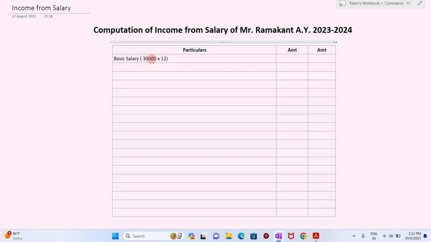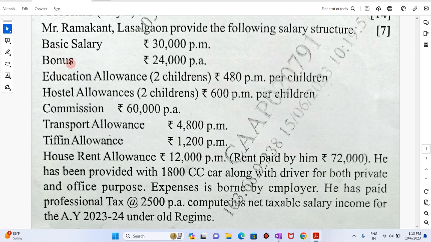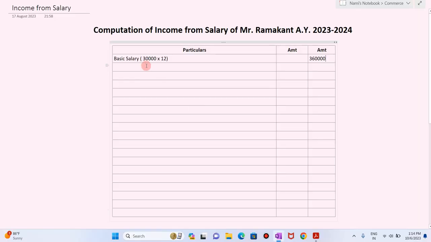So per month 30,000 multiply by 12, we get 3,60,000. So 3,60,000 is his basic salary. After basic salary, next is bonus. Bonus is rupees 24,000 per annum. So yearly bonus is 24,000. Write directly in the outer column.